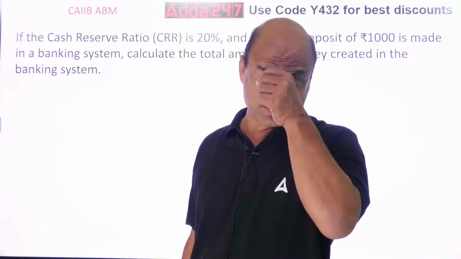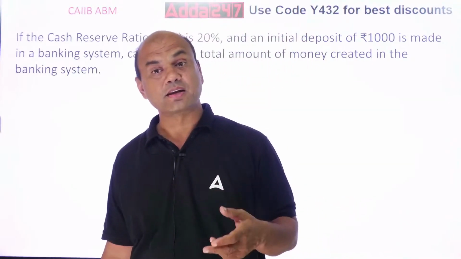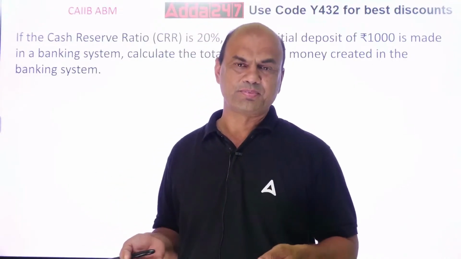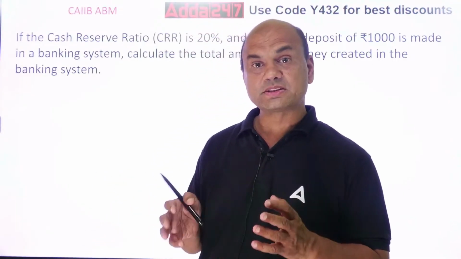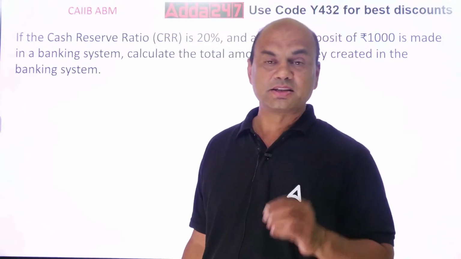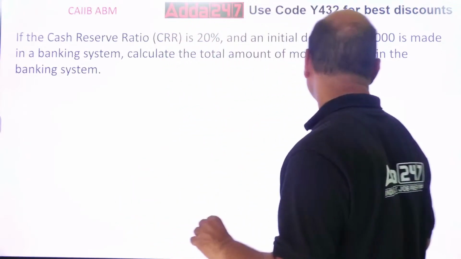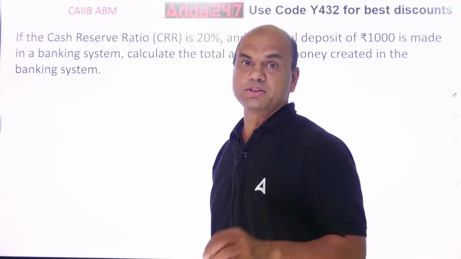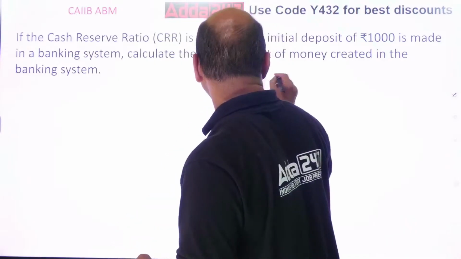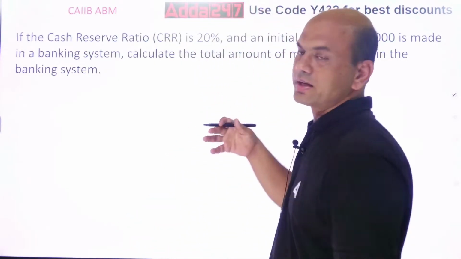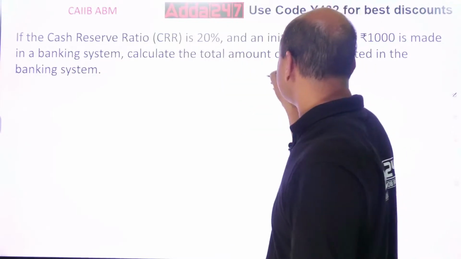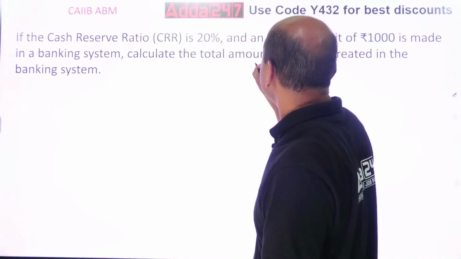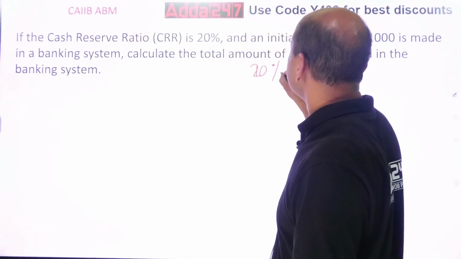What is the CRR system? Whenever RBI gives a CRR, 4%, 4.5, 5.5, earlier it was there. On what basis does RBI change it? See, understand the meaning of CRR first. Suppose I keep the CRR at, let's say, 20%.